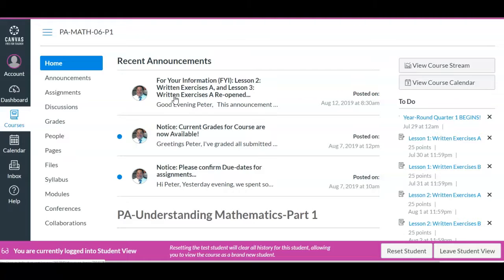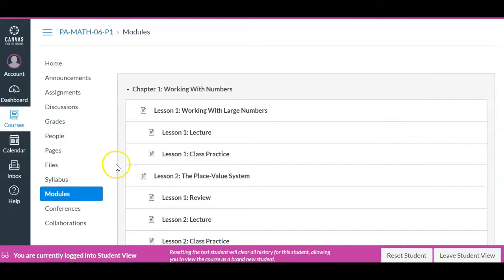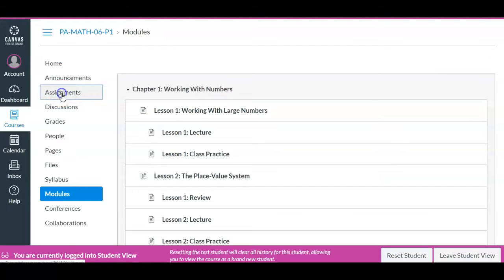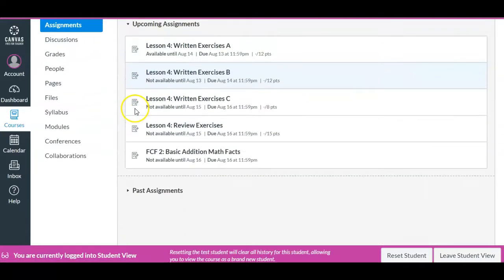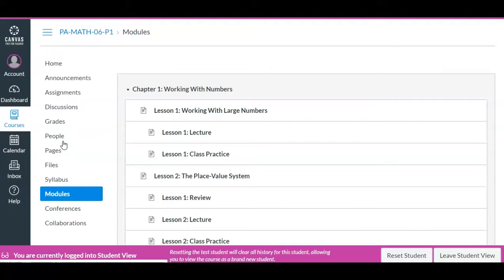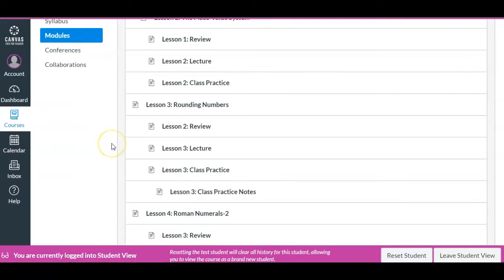But you always want to check your announcements, then modules to see what we're working on, and then assignments. Okay? And if you check for assignments, you can look for when it'll become available, or if it is available, how long it's available till, and when it's due. Okay, so let's go ahead to modules and let's get started on our lesson here.